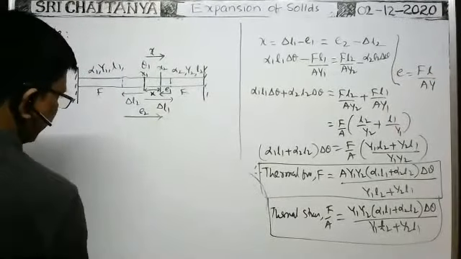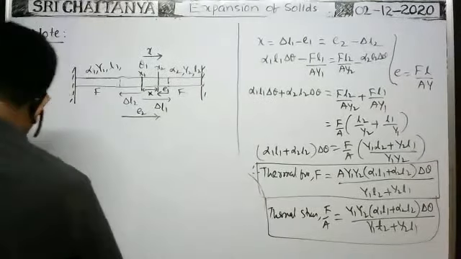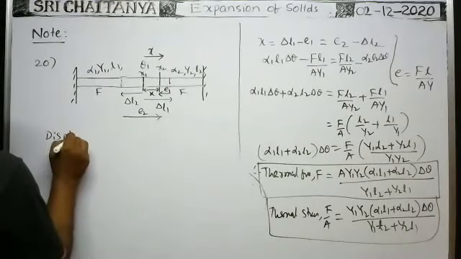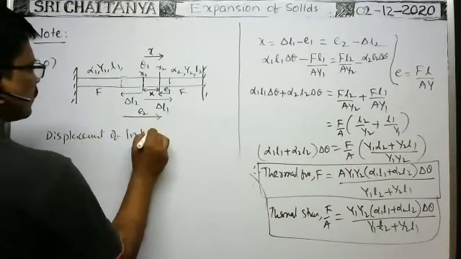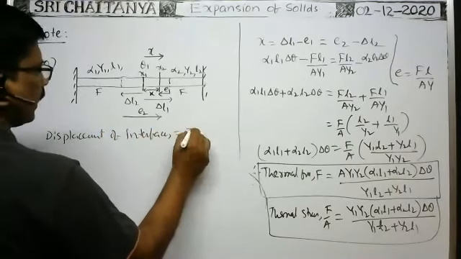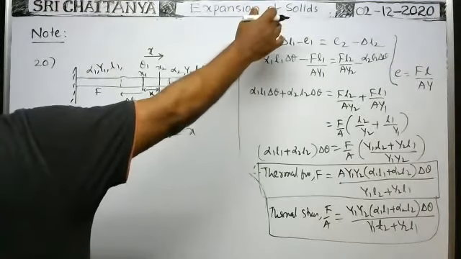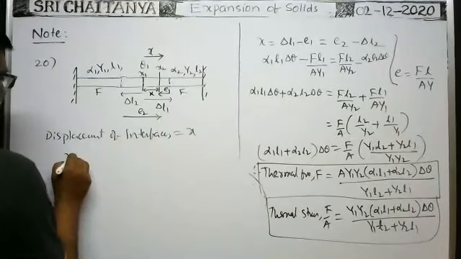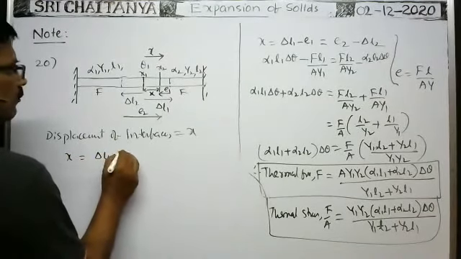So displacement of the interface x is what? As we know the thermal force F, displacement of interface is equal to x. From the diagram you see, you can use any formula. Displacement of interface x is equal to delta L1 minus E1.